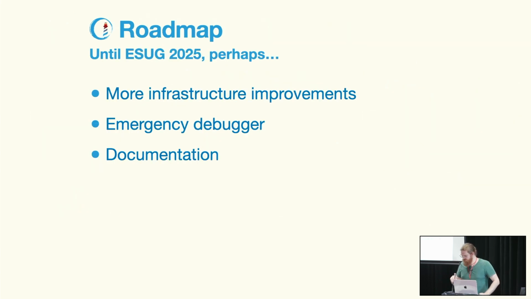And finally, perhaps a roadmap. So there will be all the bug fixes, the infrastructure stuff, and so on. Now we want to work on the emergency debugger because, as you saw, when I failed, there was this window that appeared, and it appears that I am the only person that can work with that emergency debugger because I built it.